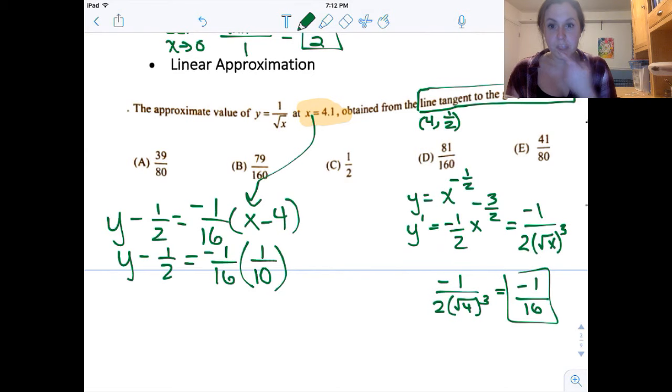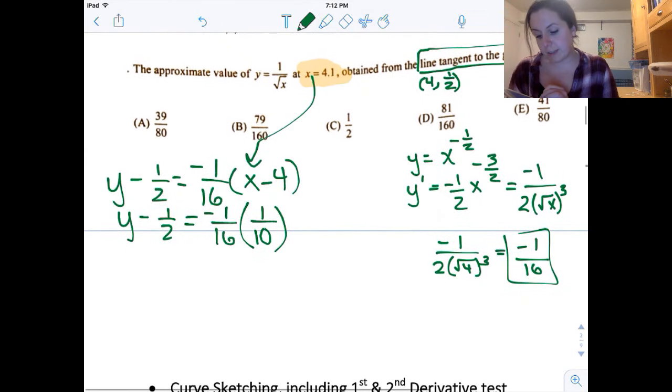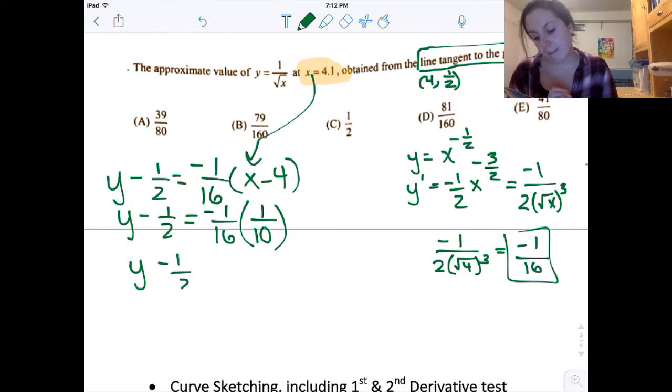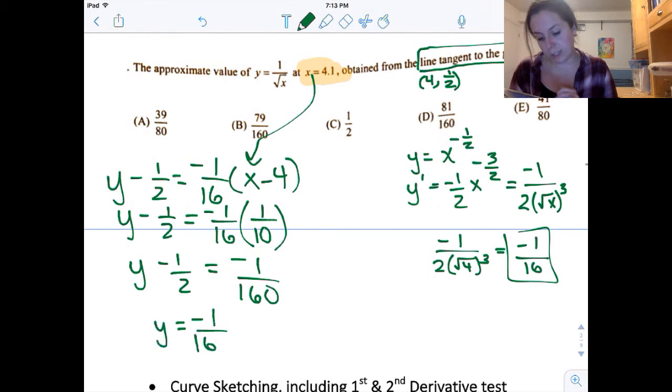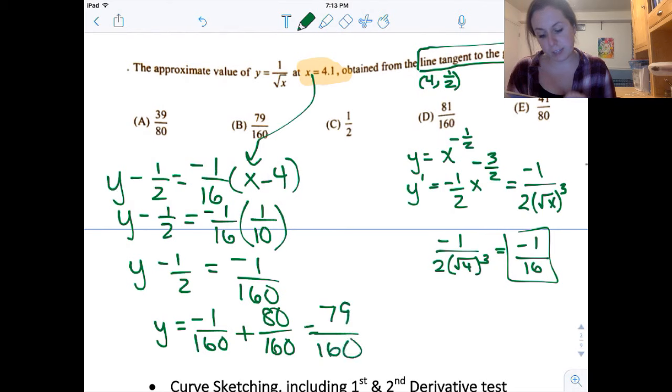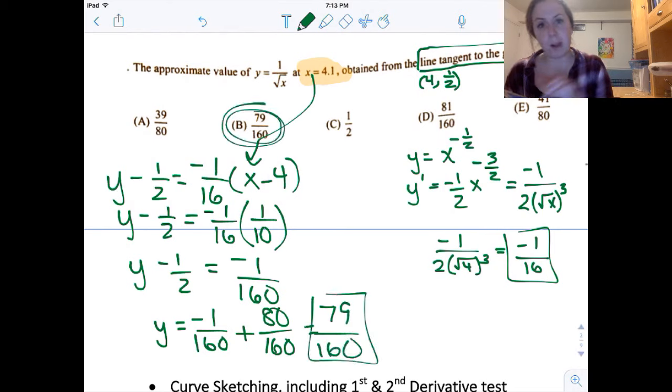It helps me to write it as a fraction because I see my answers are fractions. So this is going to be y minus 1/2 equals negative 1 over 160. Add 1/2 to that, so y equals negative 1 over 160 plus 1/2, which is 80 over 160, sorry. So this is 79 over 160. And that would be my approximation there.